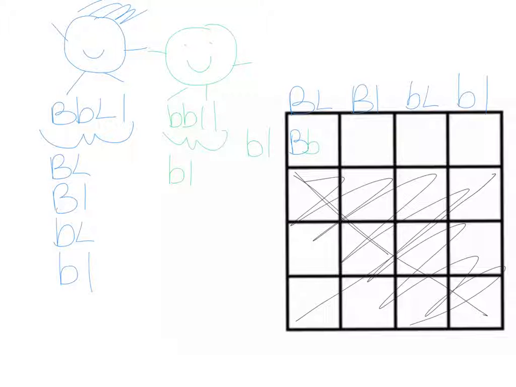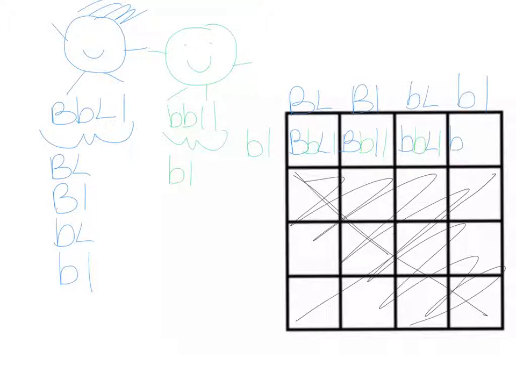Okay, so I'm going to bring my blue B's and L's down and my green B's and L's over. And hopefully I do this right. Remember, keep your B's together, keep your L's together, and make sure you put your capitals in front.